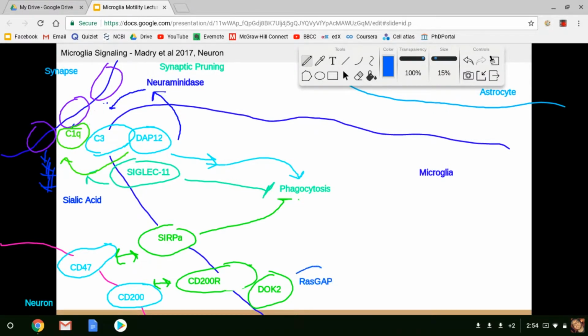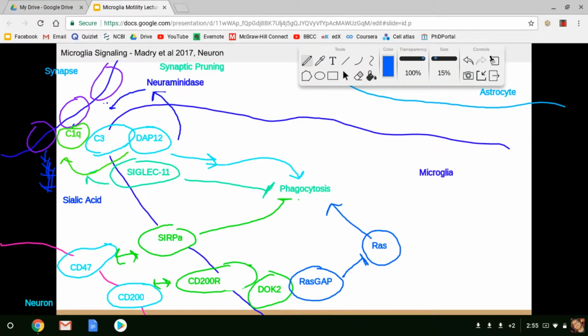So what does it do? It causes RAS to drop its GTP, and it ends up with GDP, guanosine diphosphate.